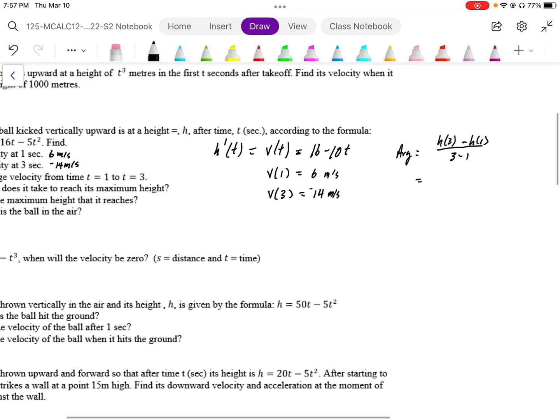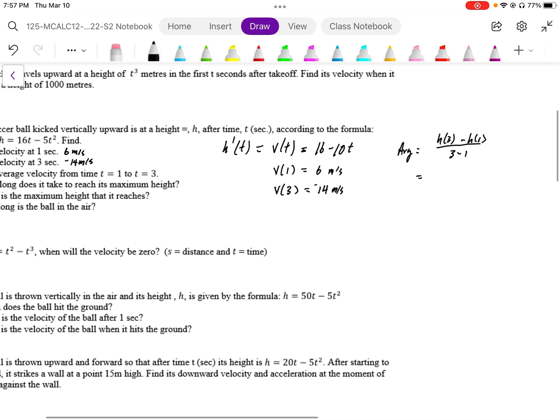The height at 3 seconds we have to calculate using the original formula. At 3 it's 16 times 3, which is 48, minus 5 times 9, which is 45. So it's 3 meters, minus the height at 1 second, which is 16 times 1 minus 5, which is 11.